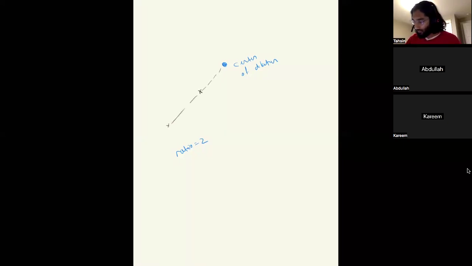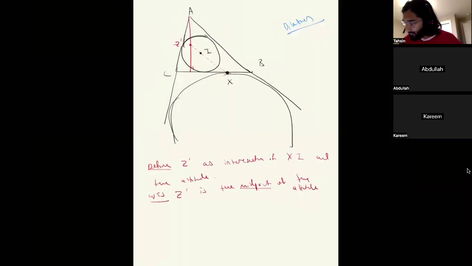Does it make sense? It's a geometric transformation, a stretch. The other word people use is homothety. Are you familiar with this word more? Yeah, I've heard of it. Okay, so that's the key idea here.